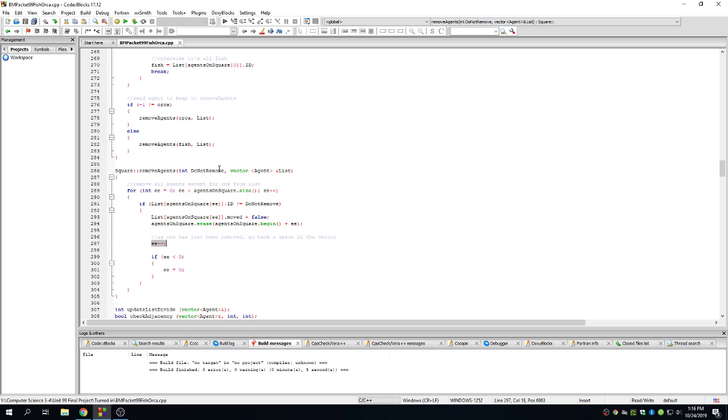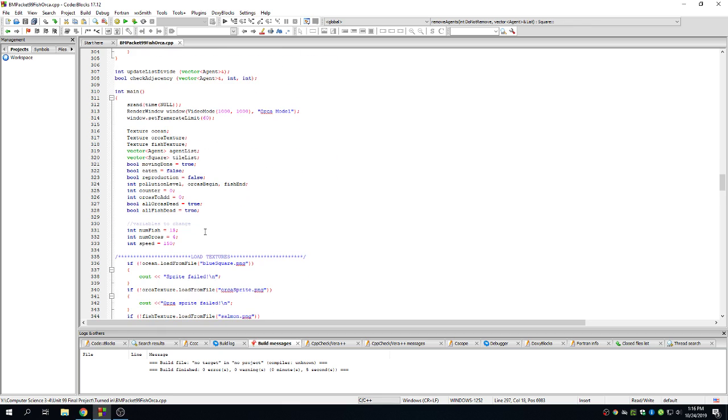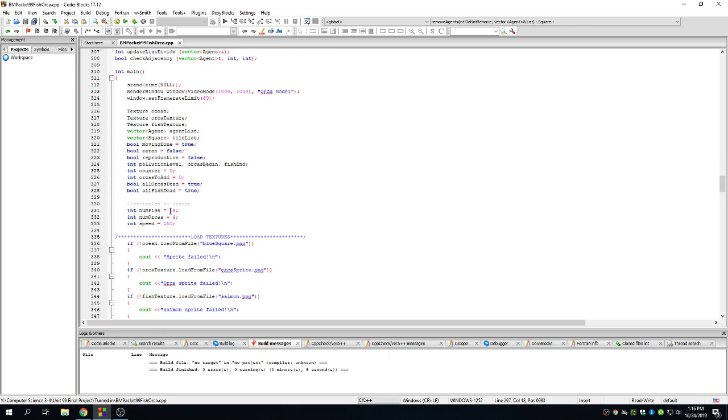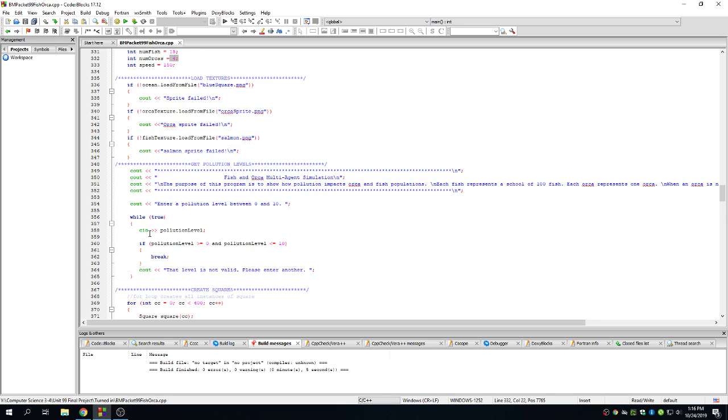And then each tile had an array of the animals that are on it. And so basically this array would continually get updated until it was only one animal long. And then each time it starts out with 15 fish and 4 orcas. And I found that this was a good number to make the simulation work well.